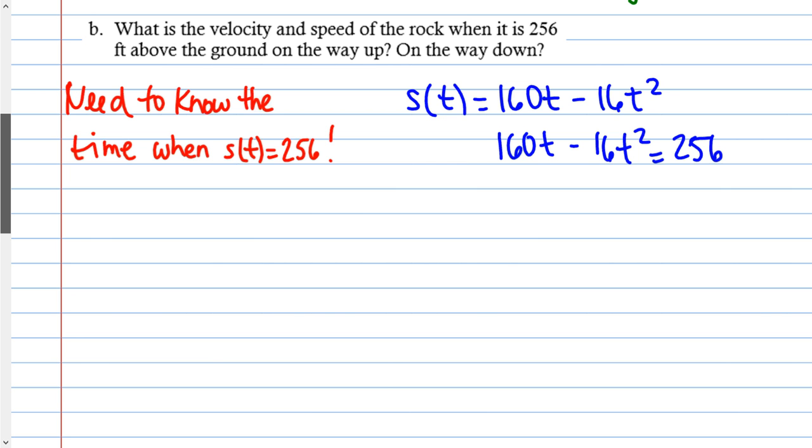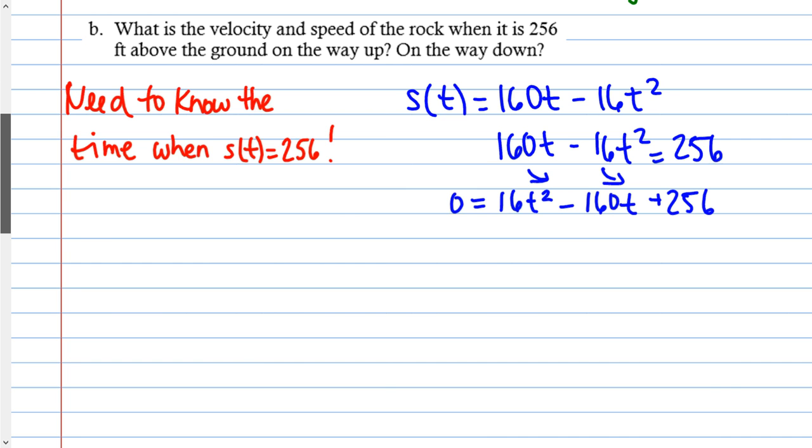And then, again, the negative, I don't like it, so I'm just going to move these that way. I'm going to end up with positive 16t squared minus 160t plus 256, and they're going to equal 0. Okay, so here's my equation.